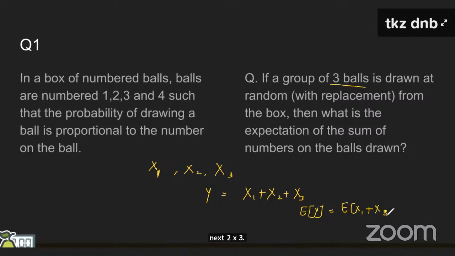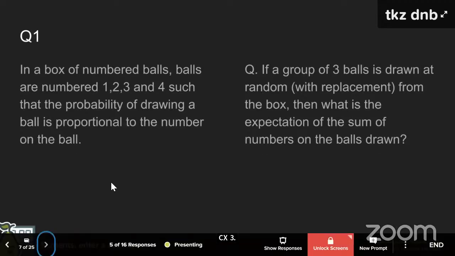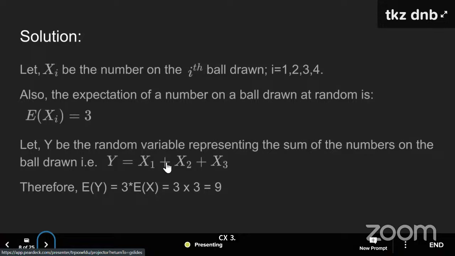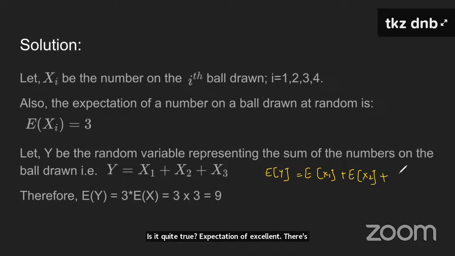Do you know the expectation of X1, X2, X3? Yes, ma'am. It will be separated: E of X1 plus E of X2 plus E of X3. Yes. So E of Y is equal to the expectation of X1 plus the expectation of X2 plus the expectation of X3.